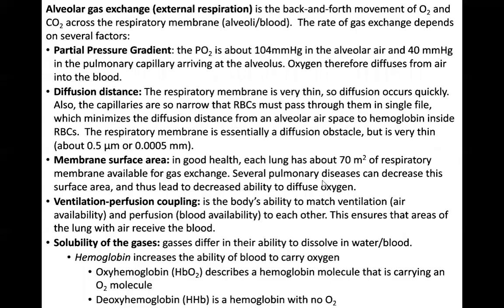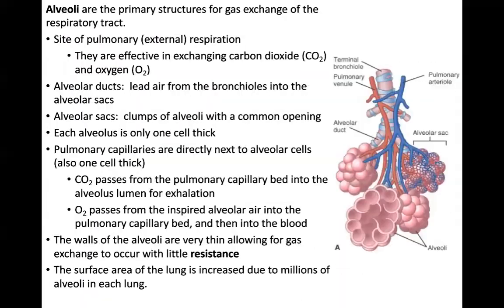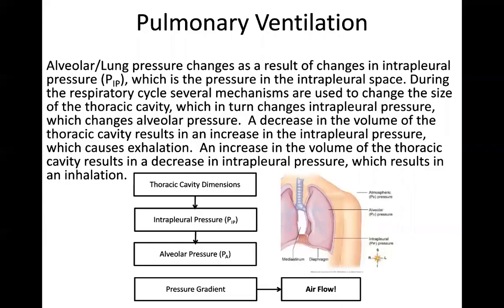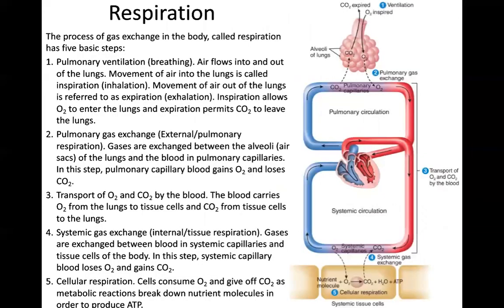Okay. With that said, now we have an understanding of the things that affect gas exchange. I want to talk about the two forms of gas exchange. The first of which we call alveolar gas exchange, or external respiration, which, if I backtrack again to this page, we're going to talk about step 2 now.